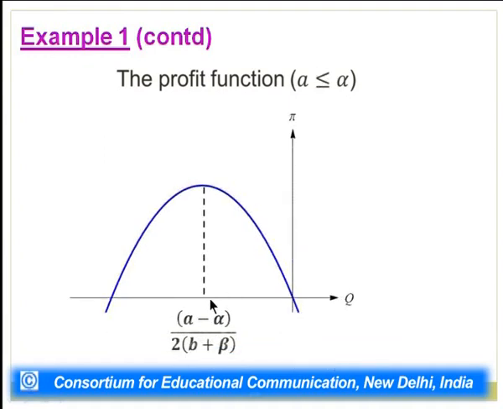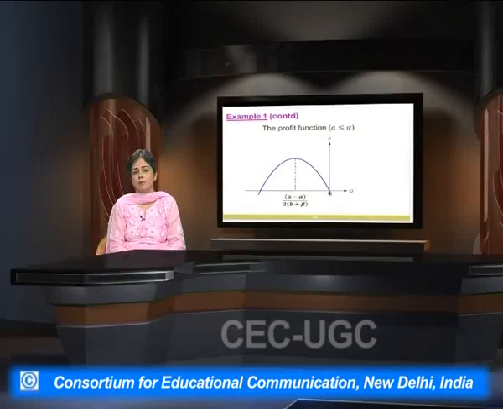However, if A is less than or equal to alpha, you can clearly see here that your profit function will end up being something like this, where the maxima is occurring on the negative side of the quantity axis. And clearly, because this firm can't choose a negative level of output, it's going to choose Q equal to 0 at the optimum.